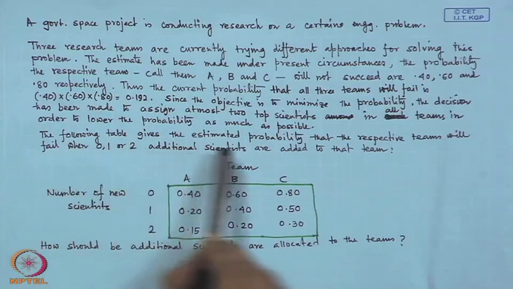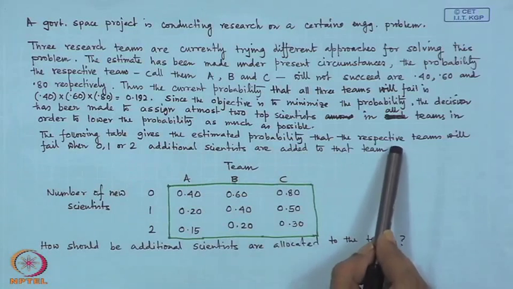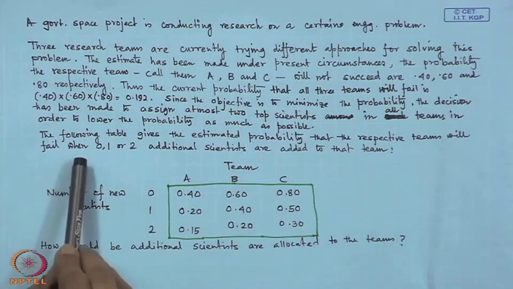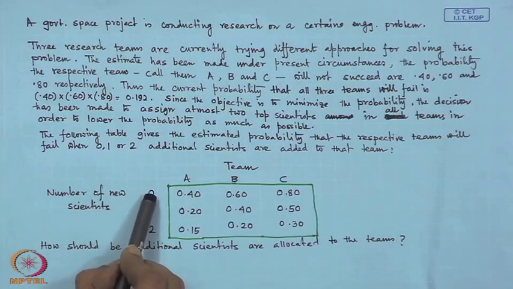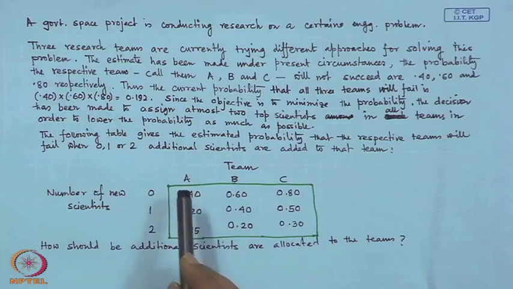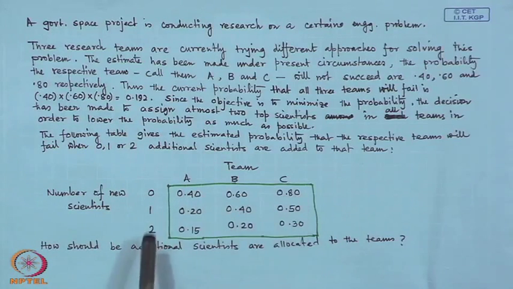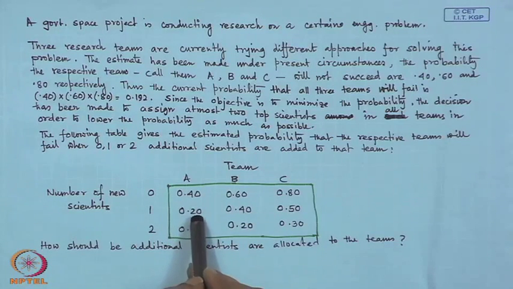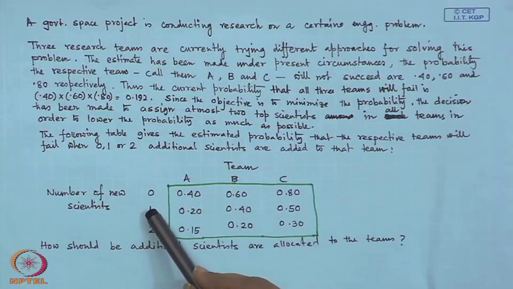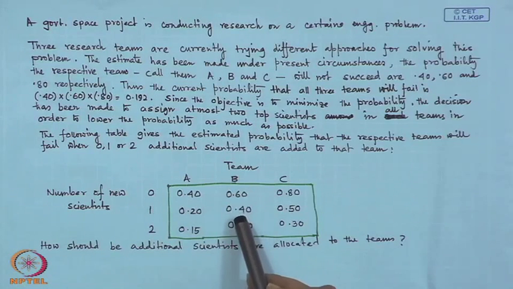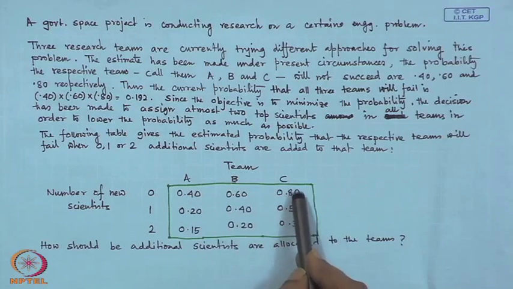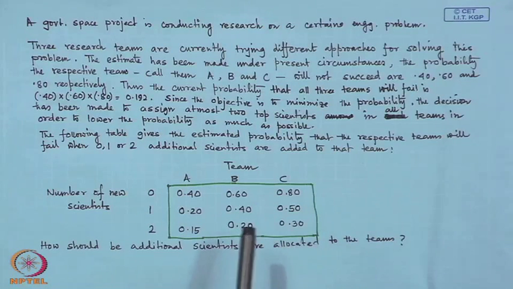The following table gives the estimated probability that the respective teams will fail when 0 scientists are being added, that means the current situation, 0.4, 0.6, 0.8. If 1 scientist is added to team A, then the failure will reduce to 0.2. If 1 scientist is added to team B, 0.6 is reduced to 0.4, and 0.8 is reduced to 0.5.